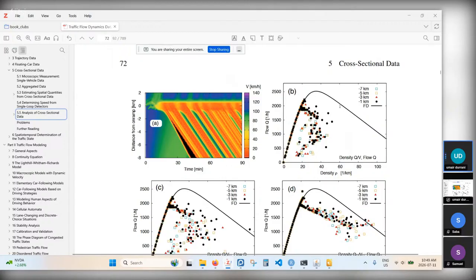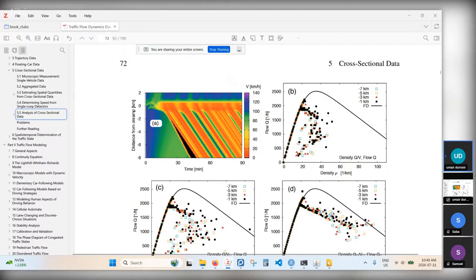If we first look at the fundamental diagram, this is the free flow branch. Remember, the fundamental diagram represents identical driver-vehicle units, and also assumes that the speed distribution is not changing over time. And this is the free flow branch, and then this is the congested branch.